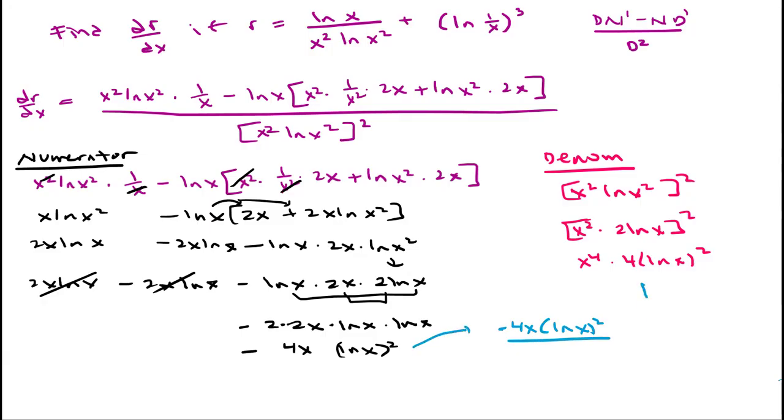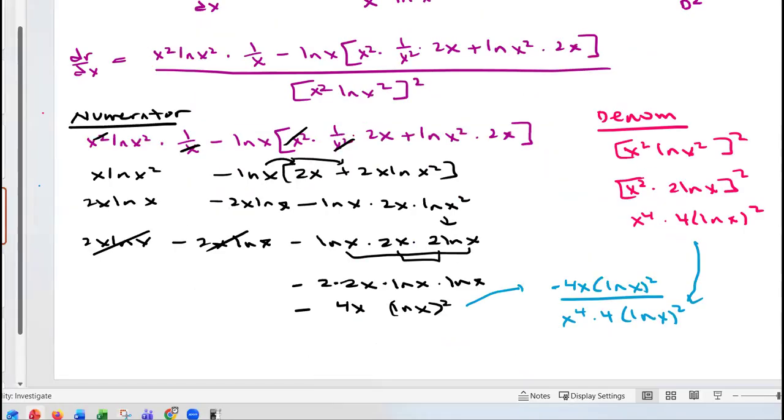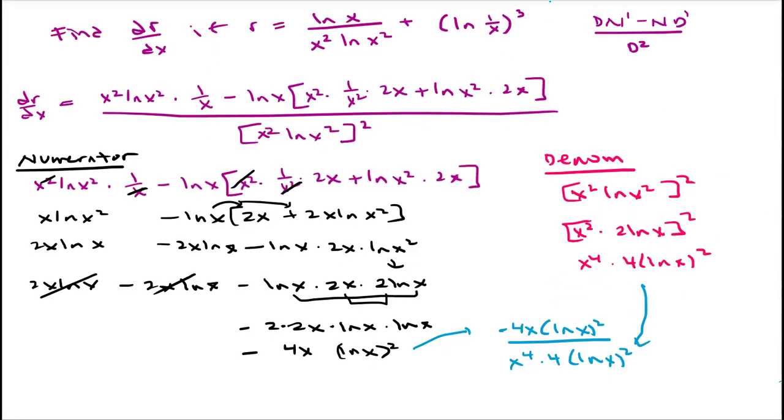And then for the denominator, we're going to swing that down here. That gives us x to the fourth times 4 ln of x squared. Again, I haven't forgotten about this part here, and I haven't forgotten about what we did for the ln of 1 over x to the third. But anyway, let's go ahead and simplify this.